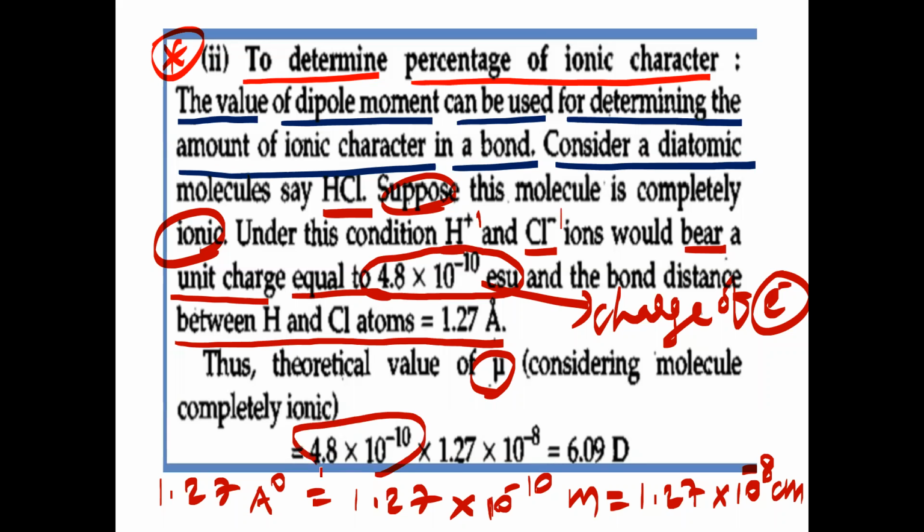The charge is 4.8 into 10 power minus 10 ESU into 1.27 into 10 power minus 8 centimeters, because 1 angstrom unit is equal to 10 power minus 8 centimeters. So we take ESU into centimeters. First we take 4.8 into 10 power minus 10 into 1.27 into 10 power minus 8, and we get ESU centimeters first. After that we have to convert into Debye units. Once take the screenshot, I will erase it.